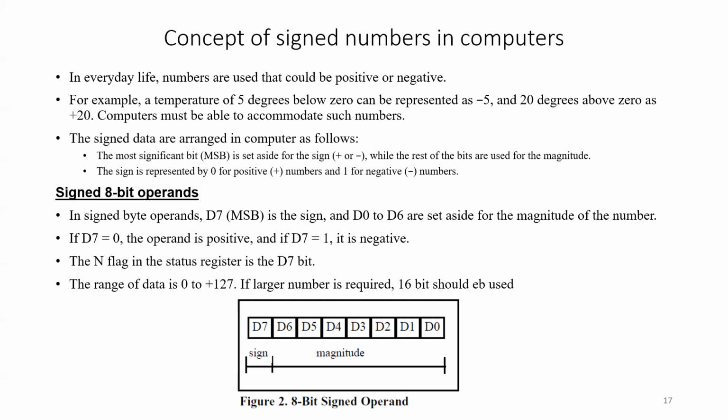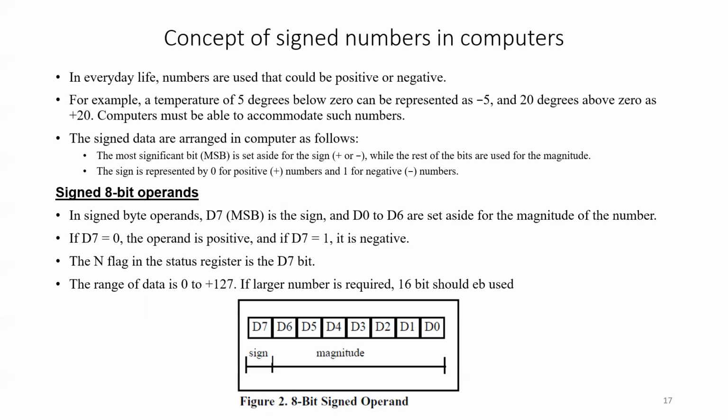This is one example. All sensors and machines need positive and negative data. For example, temperature: 5 degrees below 0 can be represented as -5, and 20 degrees can be represented as +20. So we need to present data as positive and negative. So we need signed data.